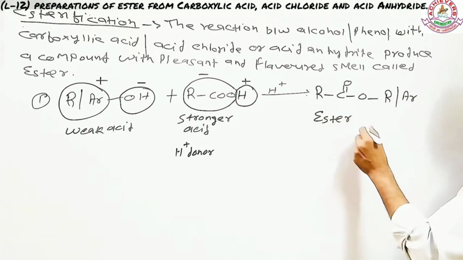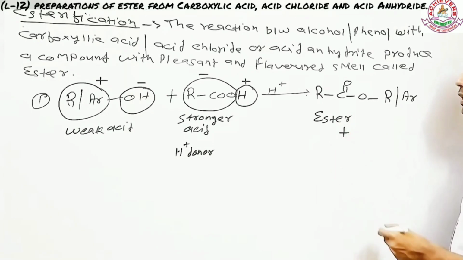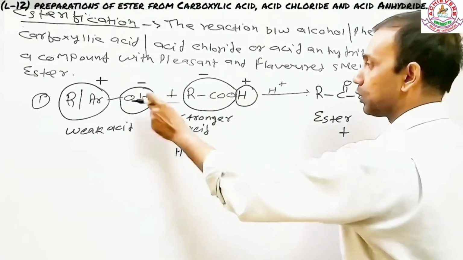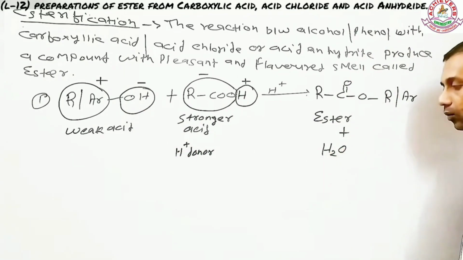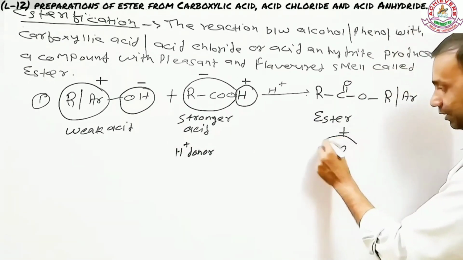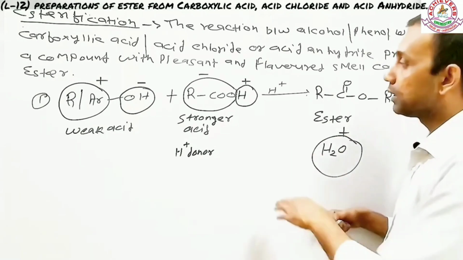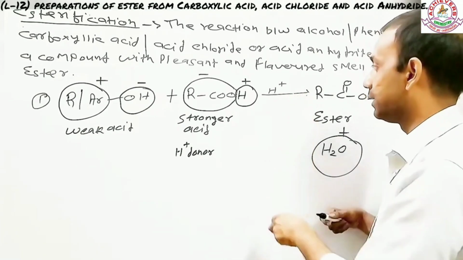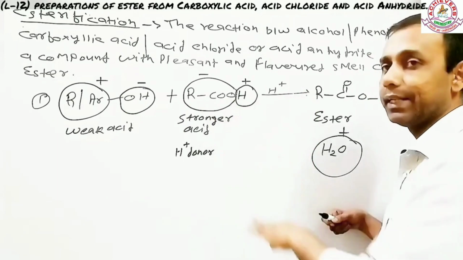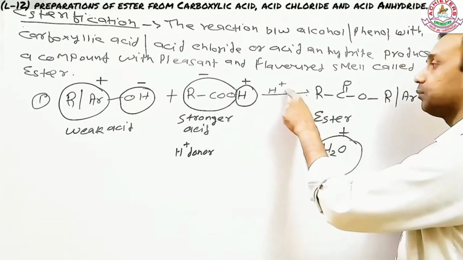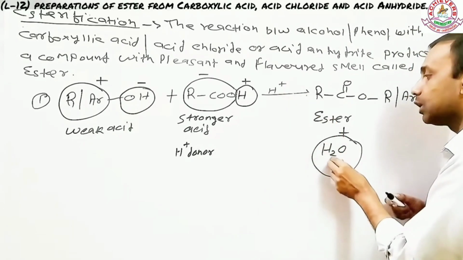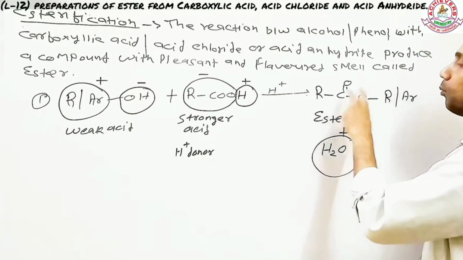There is another byproduct here, H plus and OH minus, which is going to be a water molecule. We use sulfuric acid here to carry out this reaction. The function of sulfuric acid is to dehydrate the water and give more product.